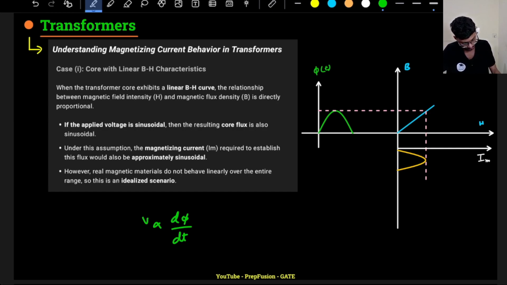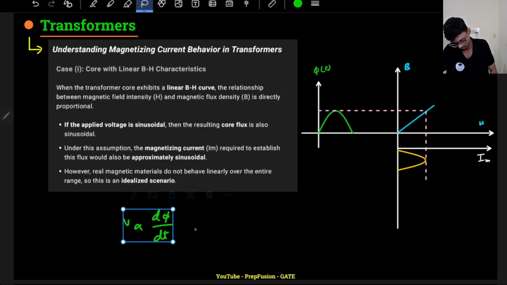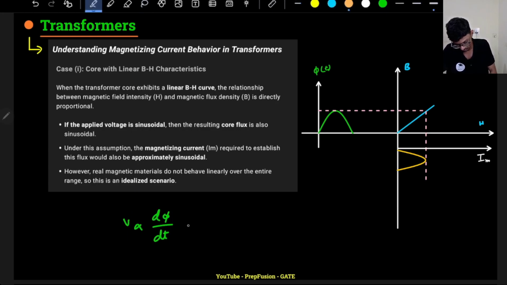So what I can comment is that if my BH curve is linear and if my flux is sinusoidal, then my current also will be sinusoidal. This is the first conclusion.